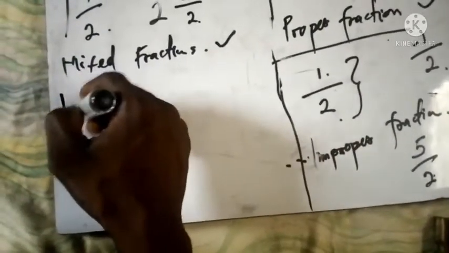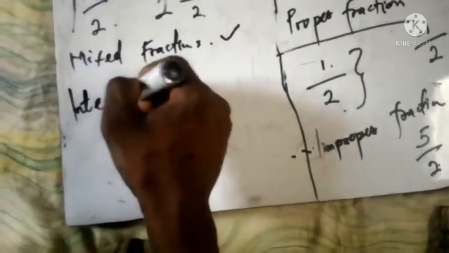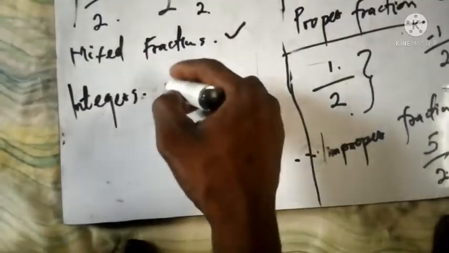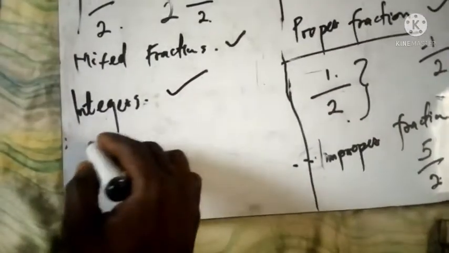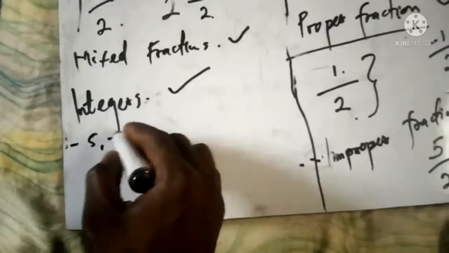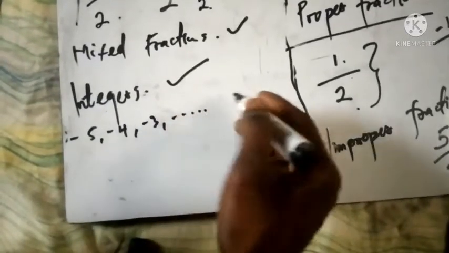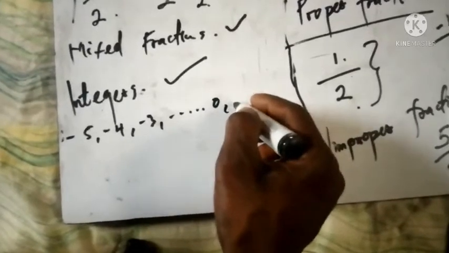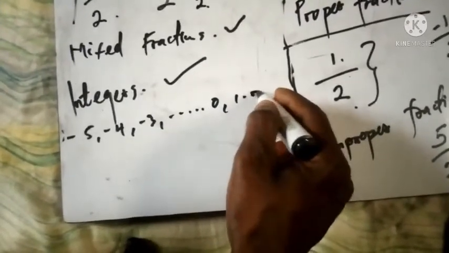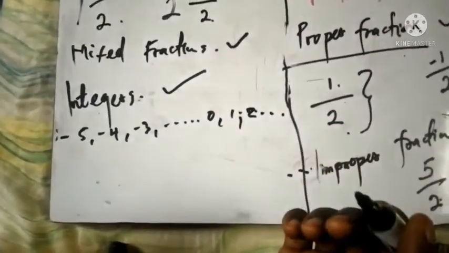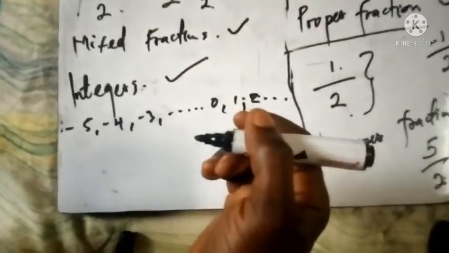I've already explained that. Integers include both the minus numbers up to 0, and then we move on from 1, 2, and so on and so forth. Is that okay? So this is an integer thing.